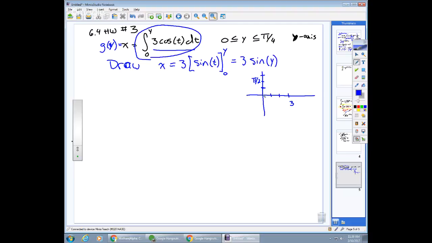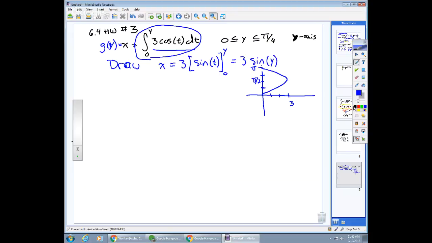Sine starts at 0 and then peaks at pi over 2, and then it bottoms out again at pi. So the peak, instead of at 1, is going to be at 3 and sideways. So this graph heads up, peaks there, and then drops down, and somewhere over here is pi.